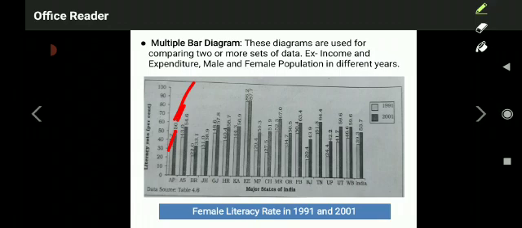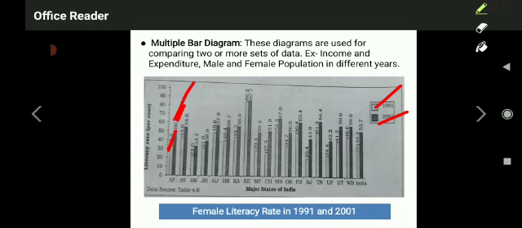And we have to shade the data collected in the different years in different colors. For one year we shade in one color, and for the other year we showcase it in a different color, like I have shown here. Understood? The 2001 data is shaded completely, and the 1991 data is in dotted form.